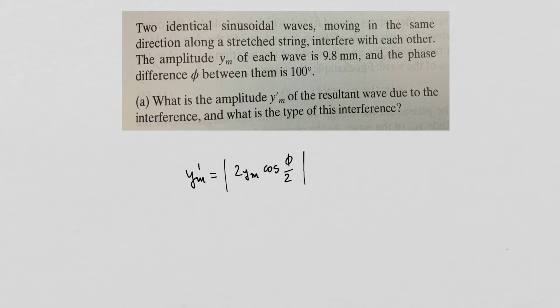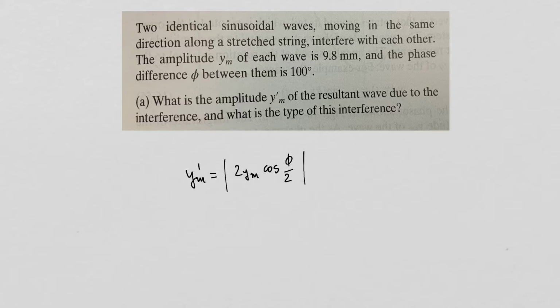And again, as a reminder, we take the absolute value here because the cosine can have a negative value, but the amplitude of the wave is physically a positive quantity. We can never have a negative amplitude. Only with respect to our choice of coordinates, the amplitude has a negative value, but physically it's a positive number.